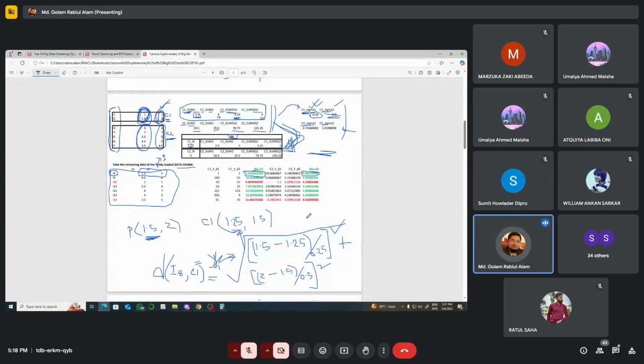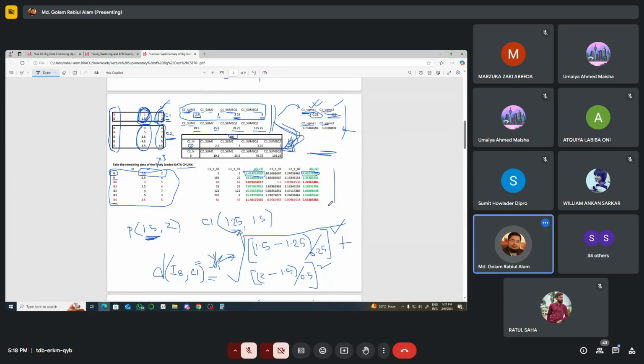Similarly, for each and every remaining data point, that is I9, we have to calculate the distance from the data point to C1 and the distance from the data point to C2. Similarly for I10, I11, I12, I13 and I14. So you have to find the Mahalanobis distance.